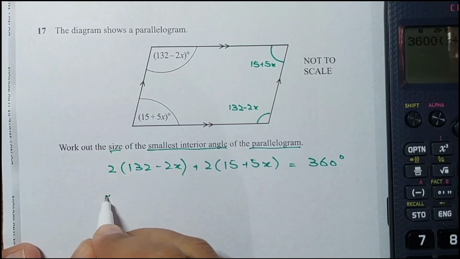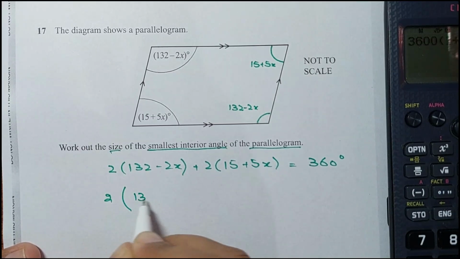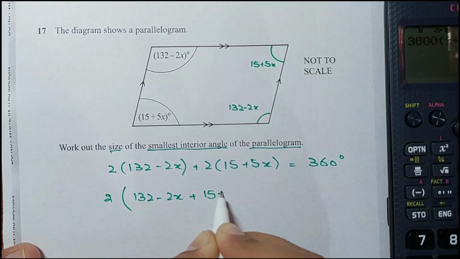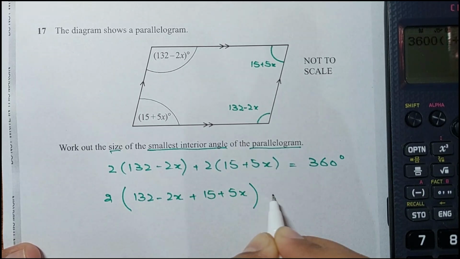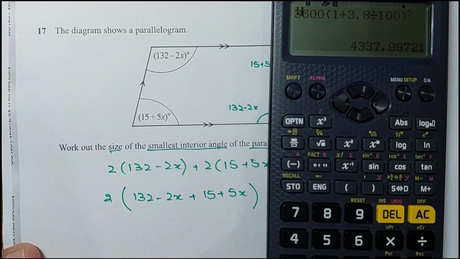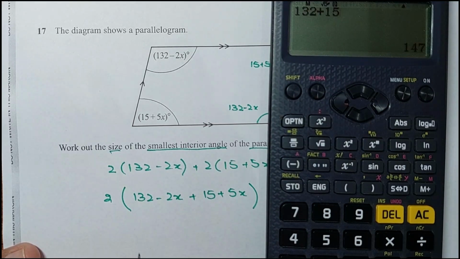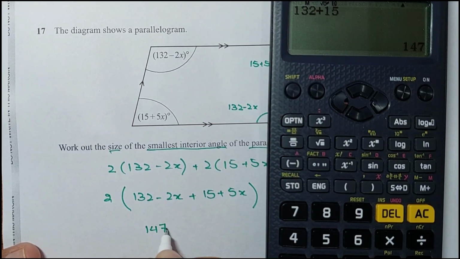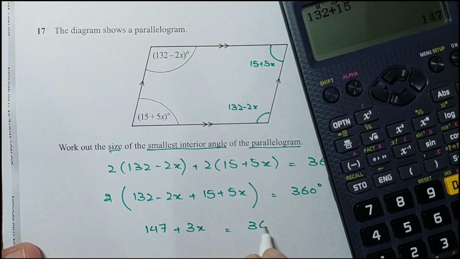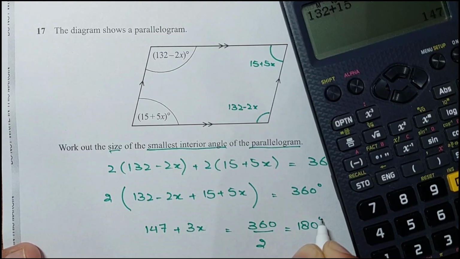Okay, let's take 2 common. 132 minus 2x plus 15 plus 5x is 360 divided by 2. Okay, so 132 plus 15 would be 147 plus 3x, which is equal to 180 degrees.